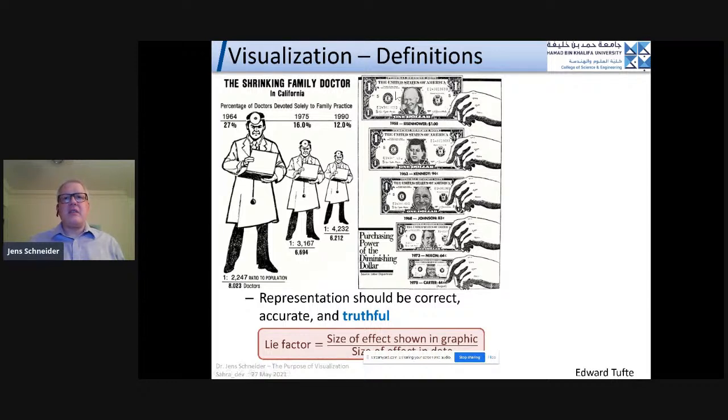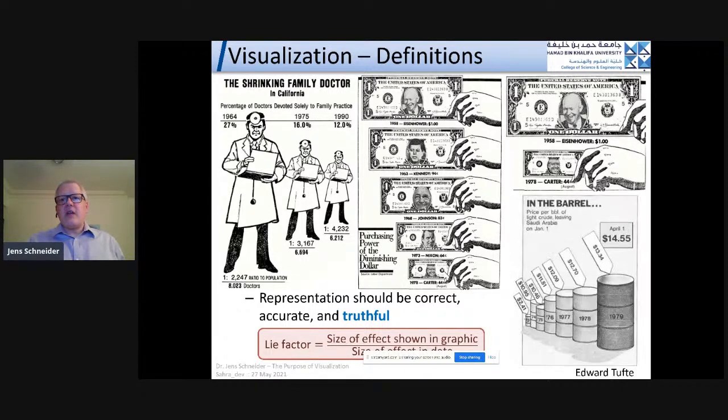This here is the ground truth, and then in Carter's time, 1978, inflation had reduced the purchasing power of $1 to 44.1958 cents over 20 years. But again, since you shrink it in both dimensions, the dollar looks much, much too small. Same here with oil barrels.